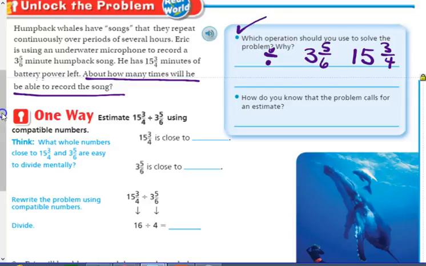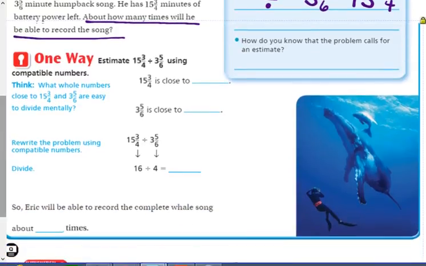All right, so one way, estimate 15 3/4 divided by 3 5/6 using compatible numbers. Love compatible numbers, because it's whatever makes sense in your own head. You know your rounding rules, but sometimes those don't apply when you're doing compatible numbers. What whole numbers close to 15 3/4 and 3 5/6 are easy to divide mentally?